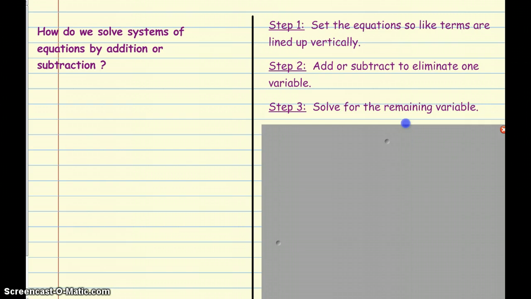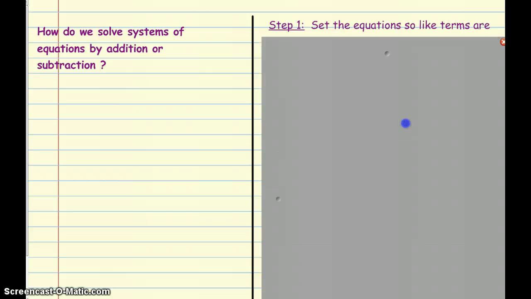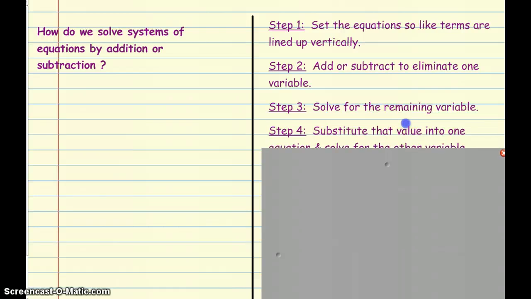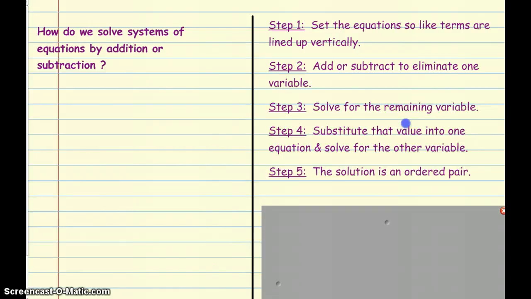Step 3, just like before, you're going to solve for the remaining variable. And step 4, you're going to substitute that value into one of the equations and solve for the other variable. And like previous, step 5, the solution will be an ordered pair.